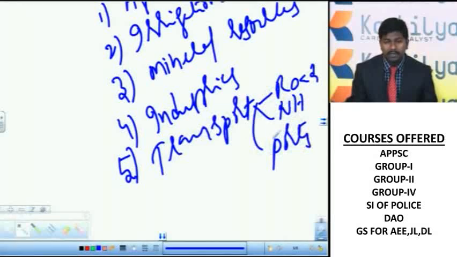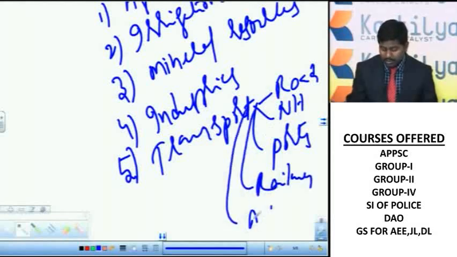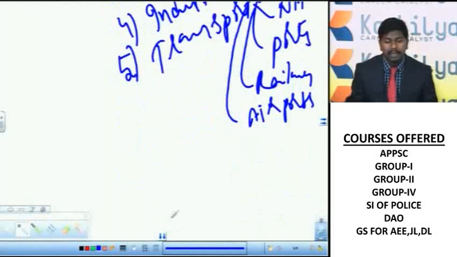Because it is one of the coastal states in India, the ports are important. Then the importance of railways and airports in AP. So we will discuss roads, especially national highways, then seaports, railway lines, railway zones, then airports. With that AP Economic Geography will be over.